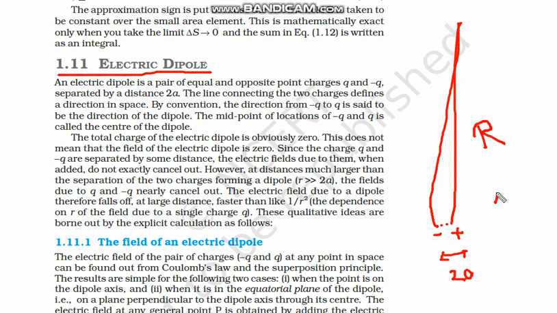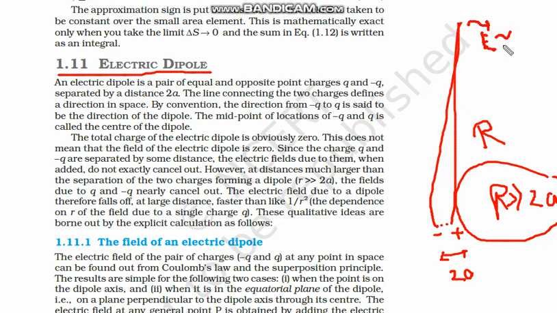So r is very large in comparison to 2a. In that case we can say the electric field E is approximately 0, because the contributions due to the negative and positive charges cancel out at large distances.